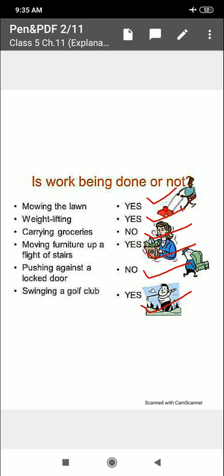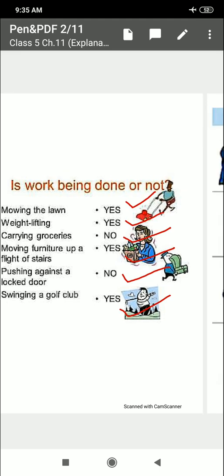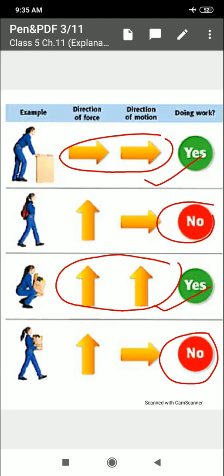So work is done only when we apply force and the object moves from its place. Then next we discussed the conditions in which work is said to be done. Work is said to be done only when the object moves from its place, and it should move in the direction of the applied force.